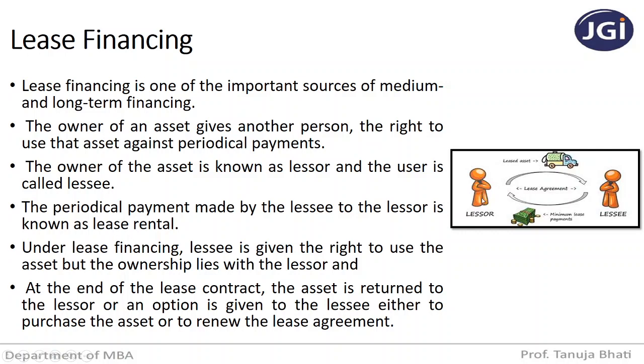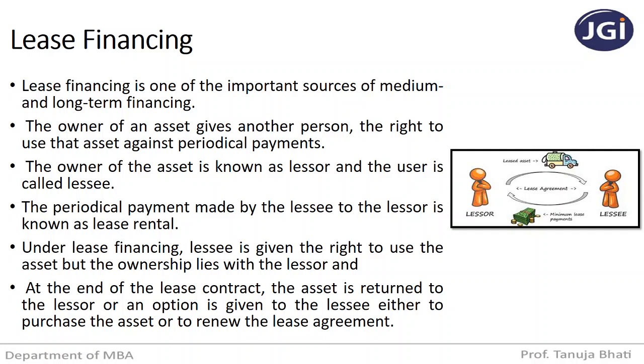Now what is the owner going to do? The owner is going to give its asset. Suppose in this example we take machinery, we take an example of a vehicle. So the owner is going to give a vehicle for use to the lessee. In return, the lessee has to pay the lessor some minimum lease payments, like lease rentals, for the use of the asset.